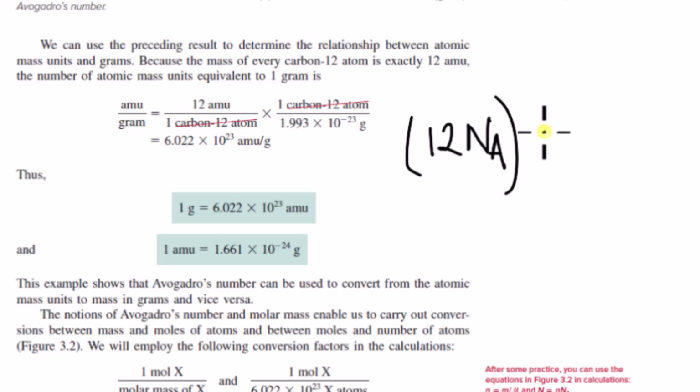Then macroscopically, this substance made of these 12 AMU particles is going to weigh 12 grams. And 12 is the molar mass of these entities, because we have Avogadro's number of them and it weighs 12 grams. So it's 12 grams per mole.